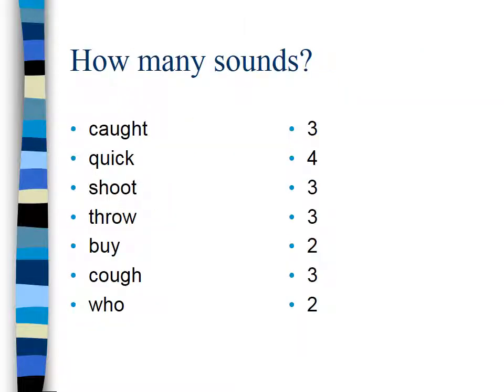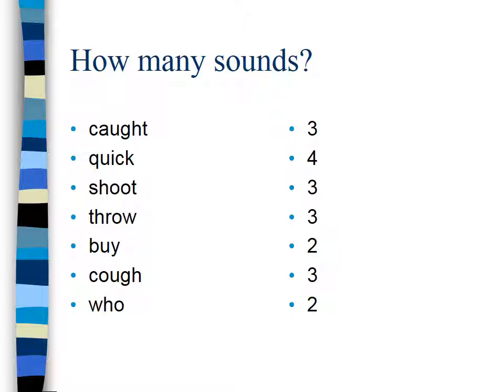So let's talk about how many sounds you hear. Remember, we've done this previously, that we have words that are written with more letters sometimes than there are sounds. In the case of the word caught, we have 6 letters, but only 3 sounds. K, a, t.